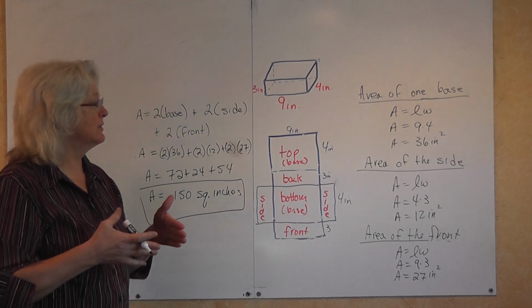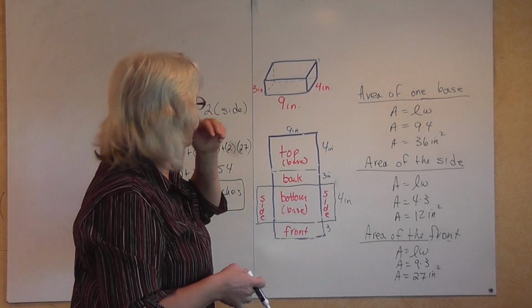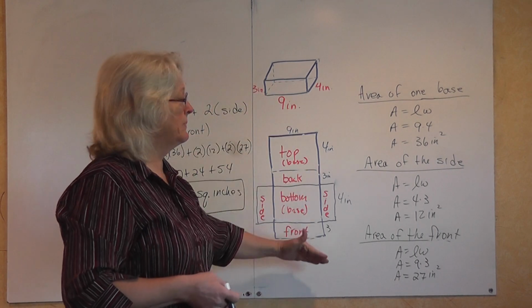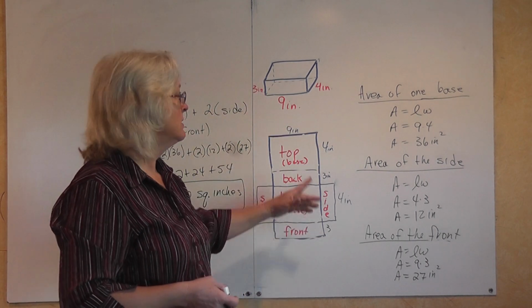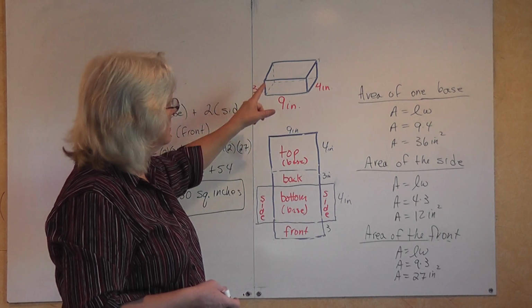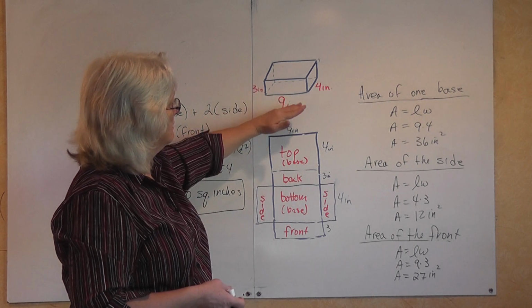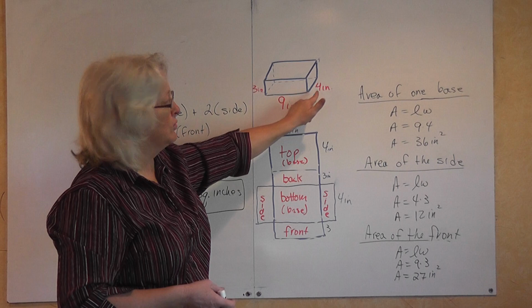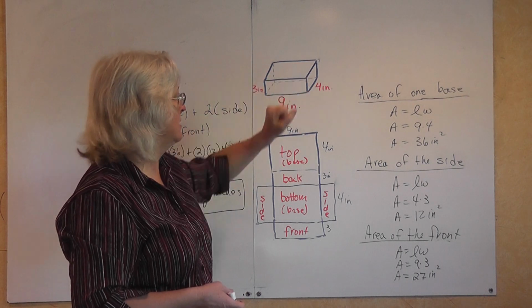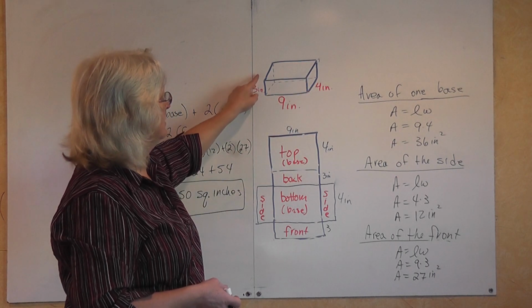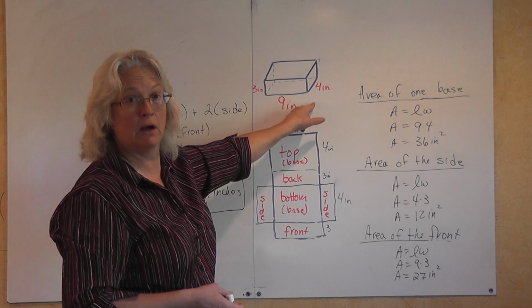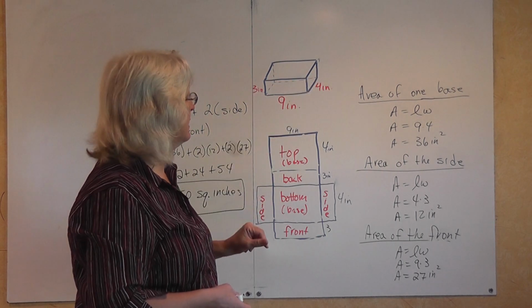And you're going to have to learn to look at this and say, you don't have to draw a picture where you've unfolded it, but you have to be able to look and say, okay, I've got the bottom here, it's 4 times 9, that's going to be the same as the top. I've got the front here, which is 3 times 9, that's the same as the back.